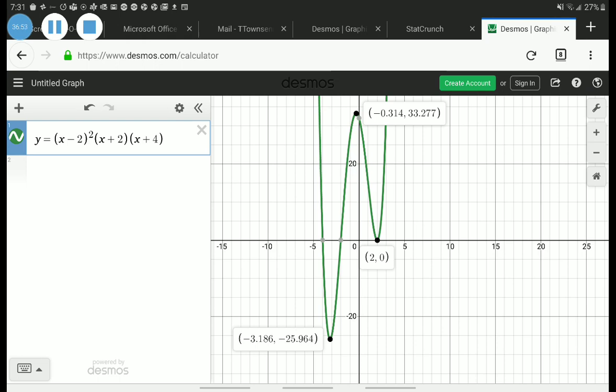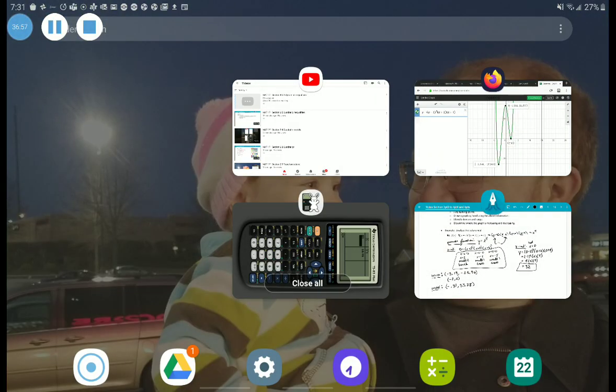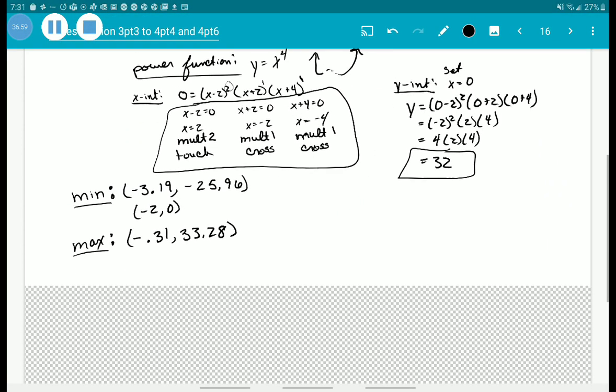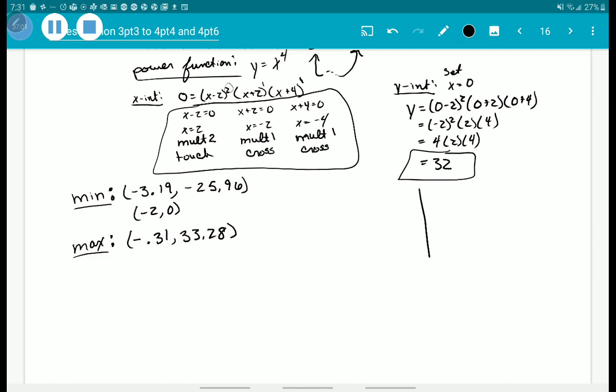So now what we want to do is take all of this and put it on a graph. So I'm going to go down here and I'm just going to draw a quick sketch of what this looks like. I'm going to go by ones on the x-axis, and I'm going to go by 5s on the y-axis.